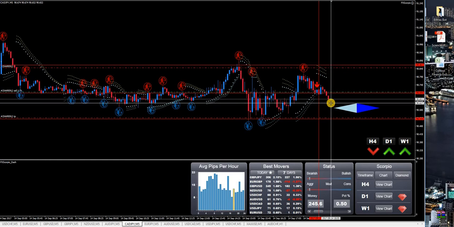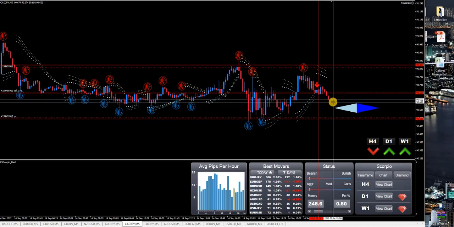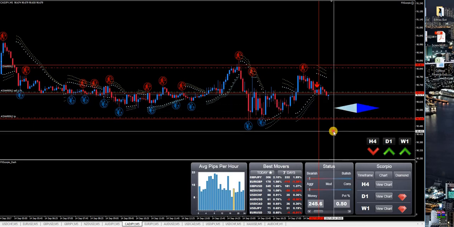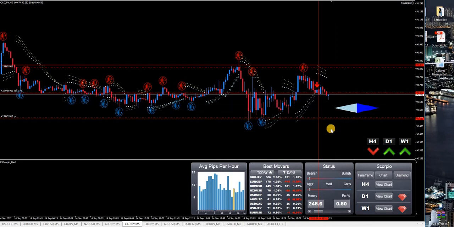All right, if over the next bar or two we don't continue pushing down, we'll go ahead and jump out of this trade. These are supposed to be pretty strong reversal points, and we definitely don't want to have one right in front of us.